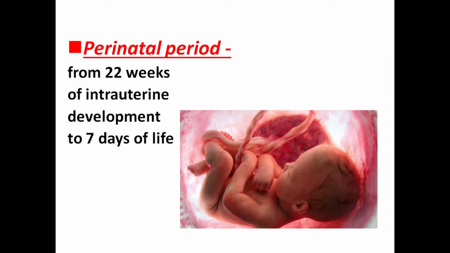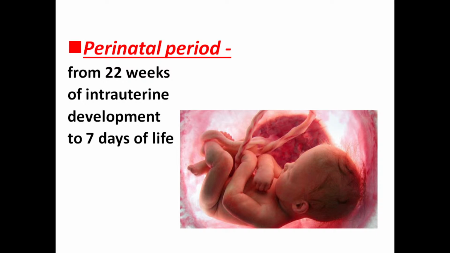The perinatal period is from 22 weeks of gestation to 7 days of life. We've discussed that the first 7 days of life is the early neonatal period. It's a very important period, and we will discuss it during this lecture.